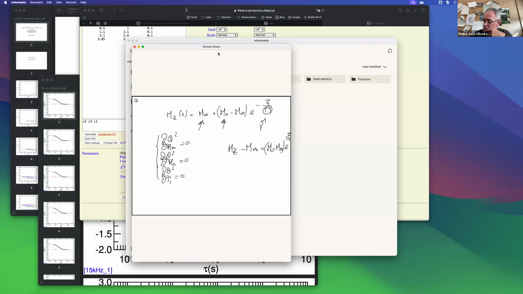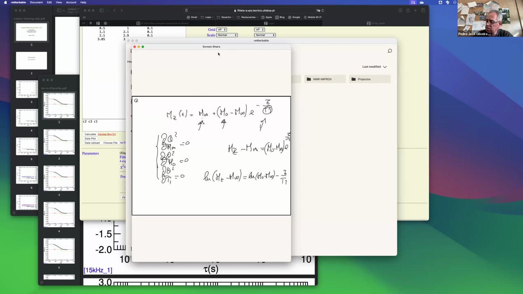And I can apply logarithms, so I can make the logarithm of Mz minus M-infinity equal to the logarithm of M0 minus M-infinity plus, actually, in this case, minus tau over T1.